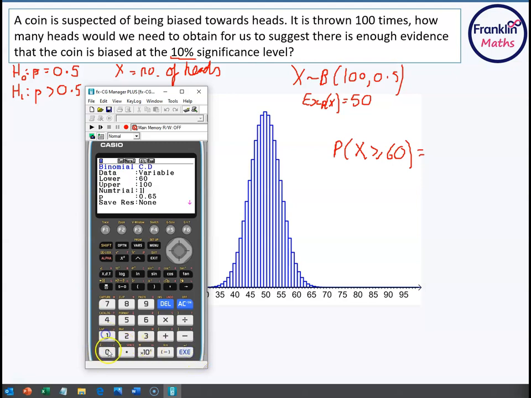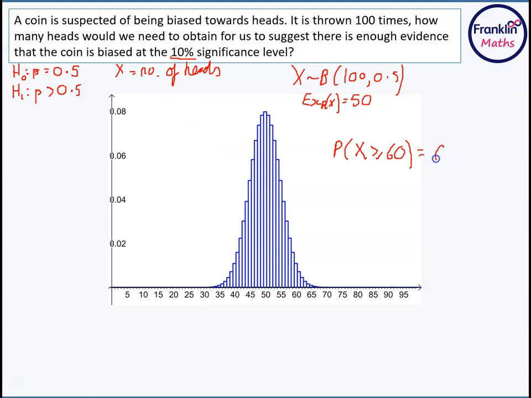Number of trials is 100, and the probability is 0.5. Just work that through, and that comes out as 0.028. So that's a 2.8% chance of that happening.